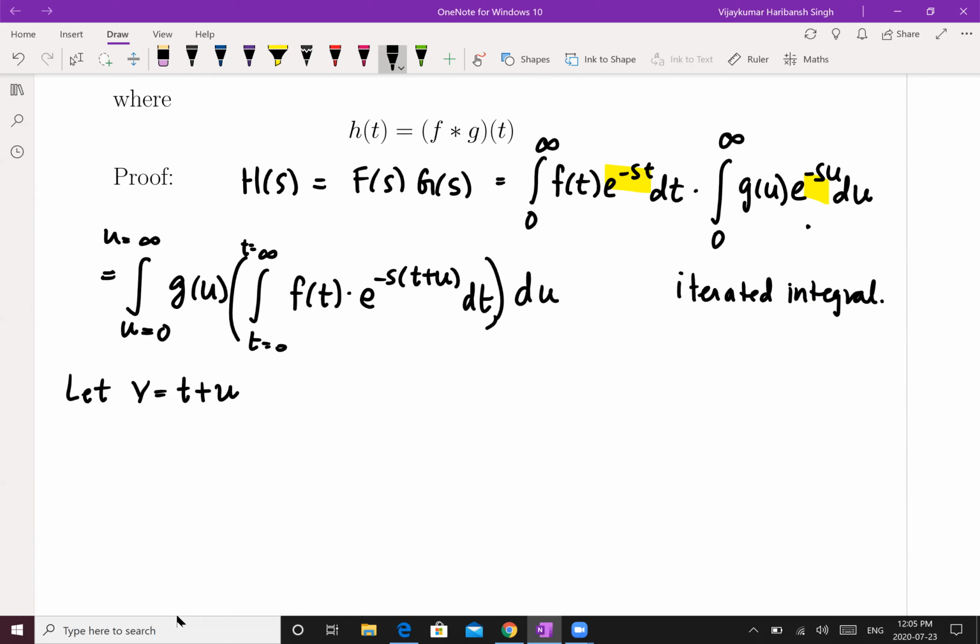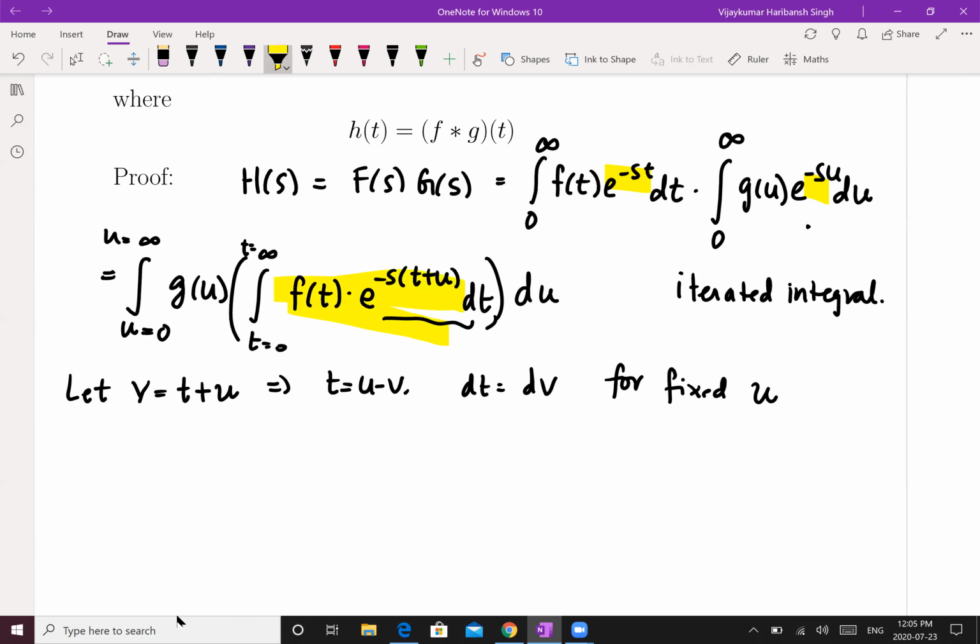Then this implies t equals to u minus v. And we get dt equals to dv for fixed u. Right. So inside this integral here, u is fixed. And then u changes outside, right?